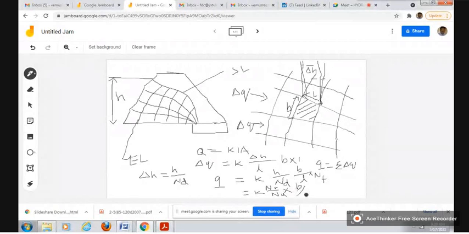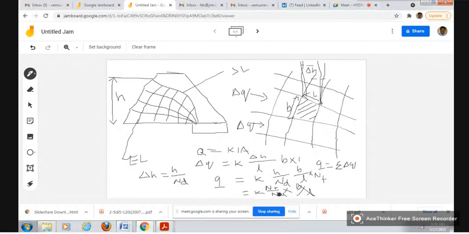NF is the number of flow channels, ND is the number of potential drops, B is the width of the field, and L is the length of the field. Generally we draw it in such a way that it is a square, B is equal to L, so it cancels and becomes 1. Therefore Q is equal to K into NF by ND.